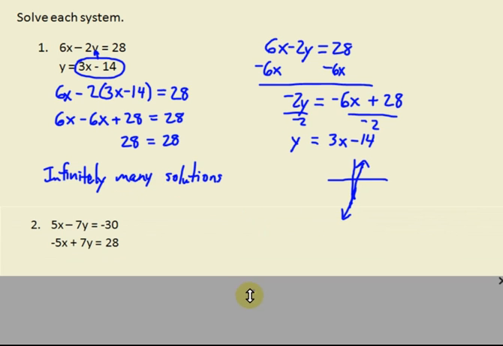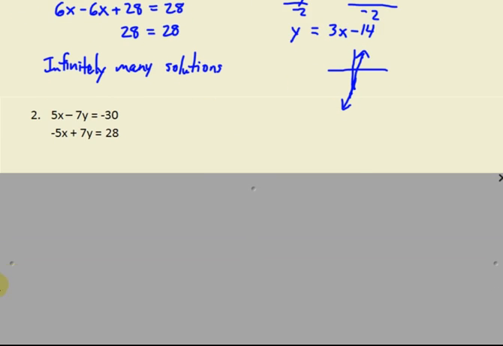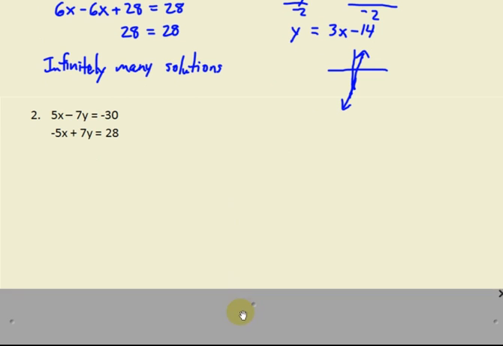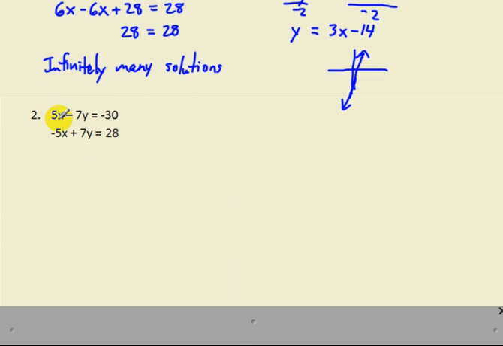Let's look at a different scenario in number 2, where we have 5x minus 7y, and negative 5x plus 7y. Notice this is set up very nicely for elimination. If you look at the x terms, we have 5x and negative 5x, opposite signs, so we go ahead and add those. 5x plus negative 5x is 0, so we've eliminated x.